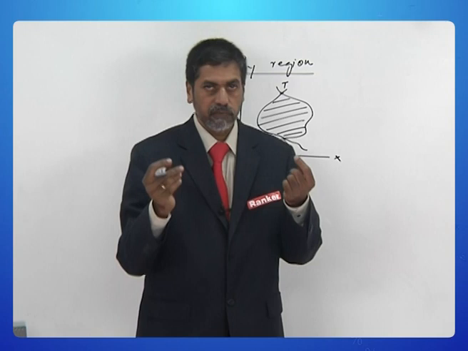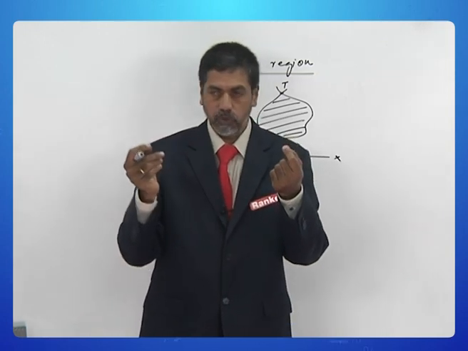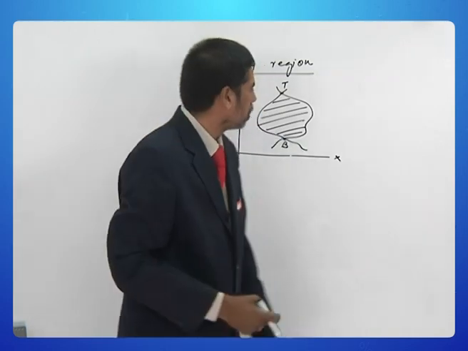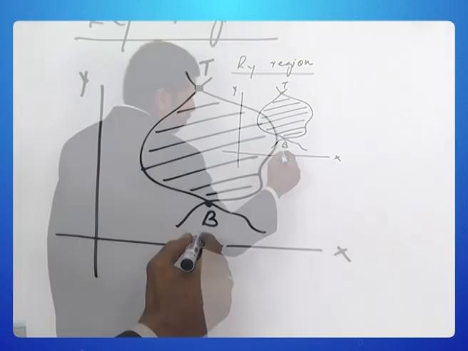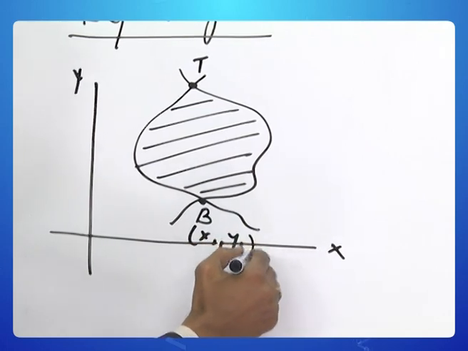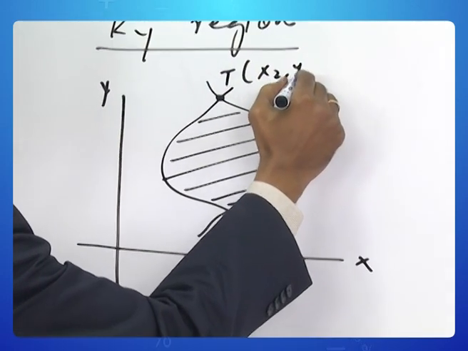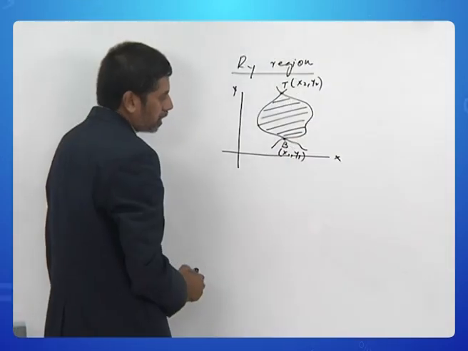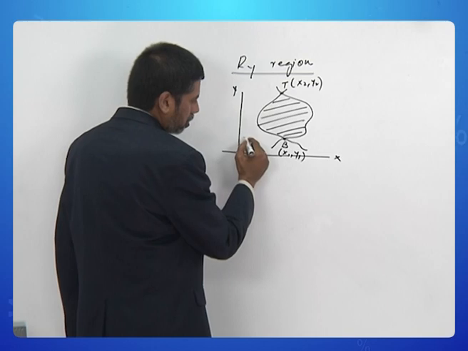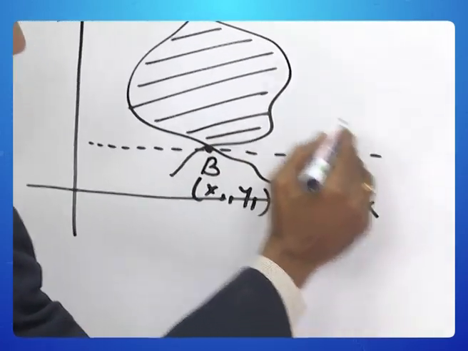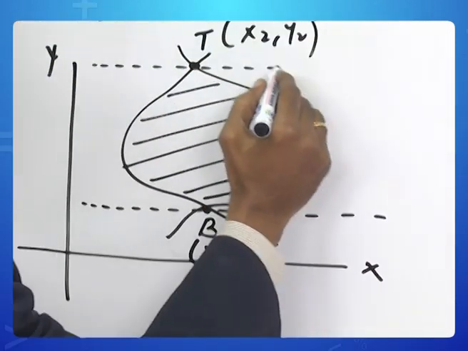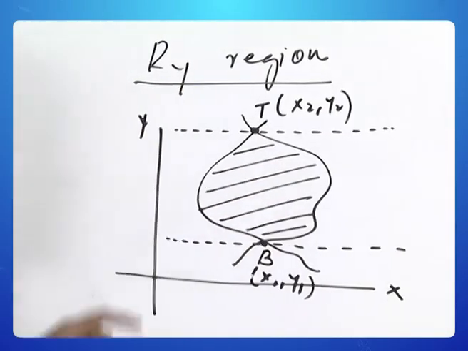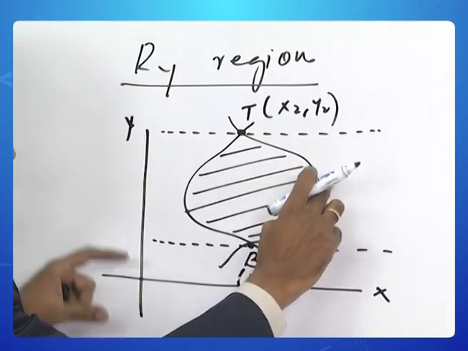Remember, in an Rx region we were calling leftmost and rightmost. Now in Ry we call it bottommost and topmost. So you will find the coordinates of these points x1, y1, x2, y2. You can find them because the equations are given to you. Now what we do is we draw horizontal lines between B and T.